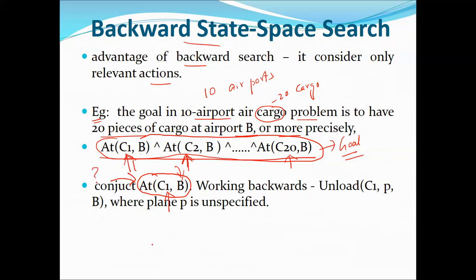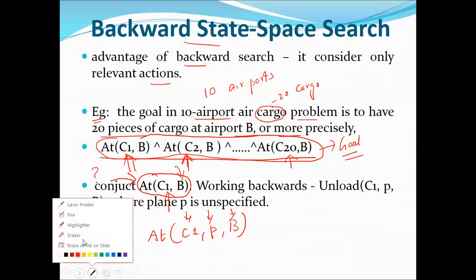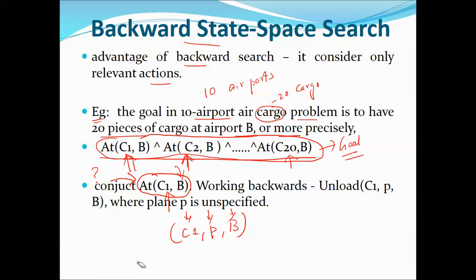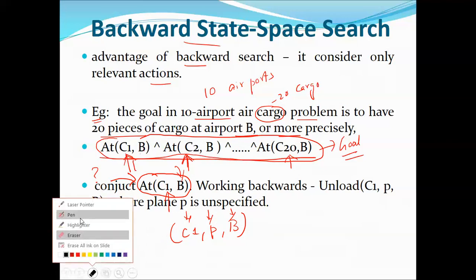The previous state will be something like this: At(C1, P), B, which means the cargo C1 is in plane P and the plane P is at airport B. Or instead of At, we can use Unload here.